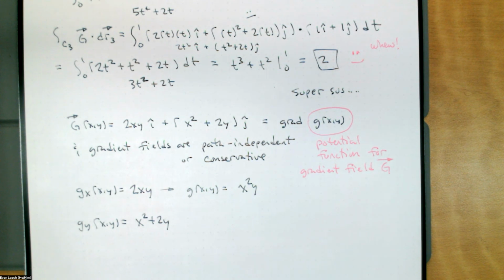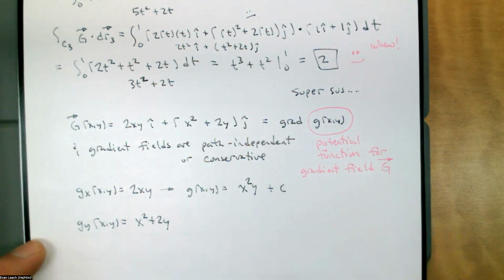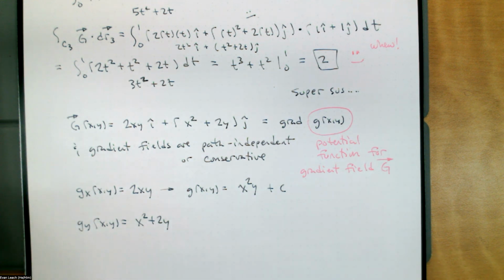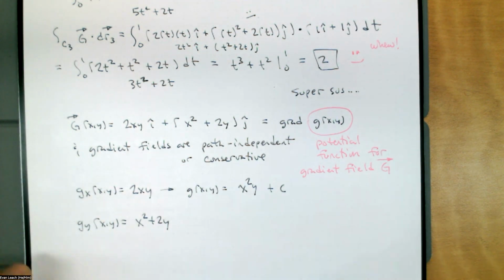When we integrate, we end up with some constant. But we're doing a partial derivative. So this constant could just be a regular old constant, but it could also be a function of y. Because the derivative with respect to x will treat a constant or a function of y as constant.